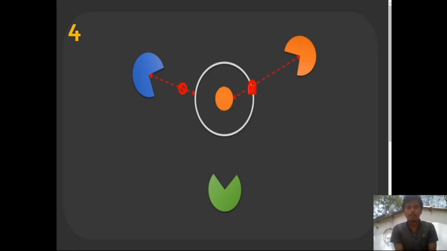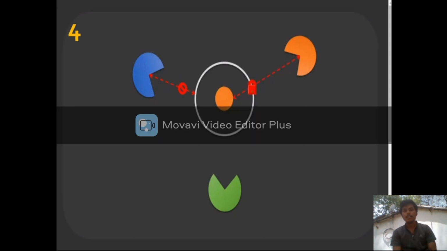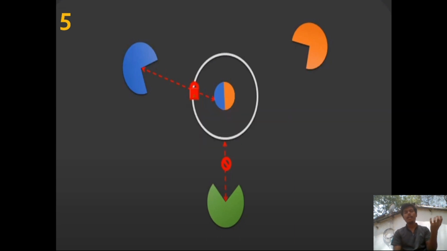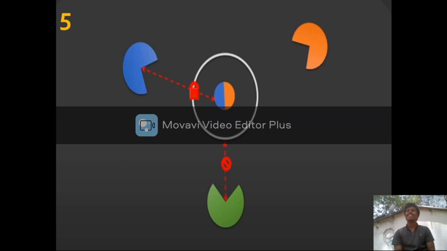So it denies the access. After some time, orange finishes its execution and releases the lock, and blue grabs the lock and starts execution. Okay guys, but what if at the same time green wants to access that resource? Then the bodyguard simply denies it.